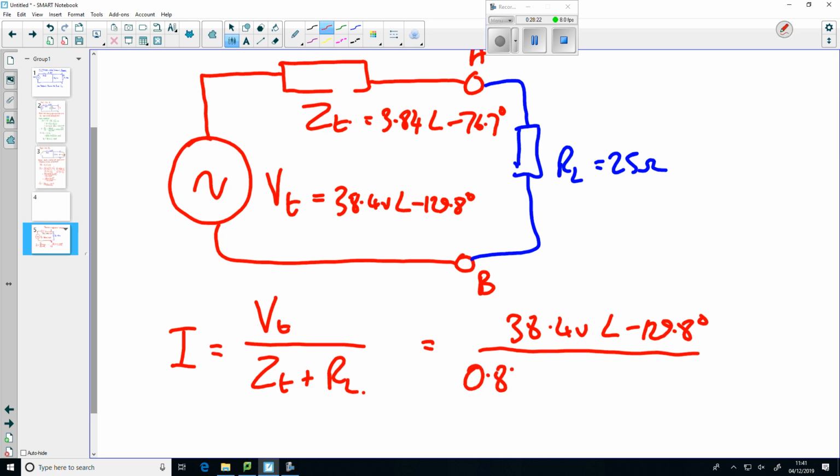I got 0.883 minus 0.74 J. And we're going to add to that 25 plus 0J for the resistor.